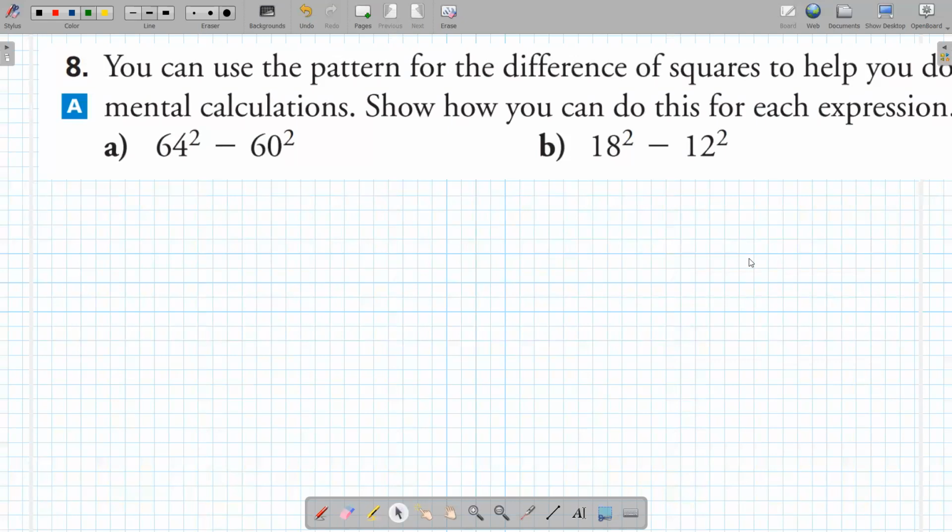It just becomes 64 minus 60 and 64 plus 60. So this is a 4, and that is going to be a 124.